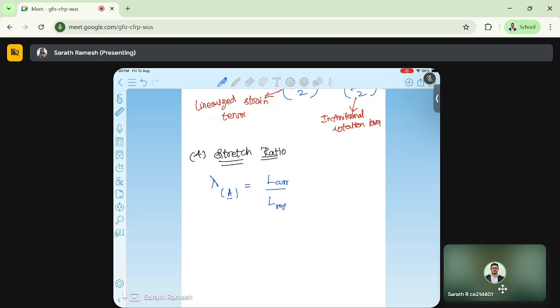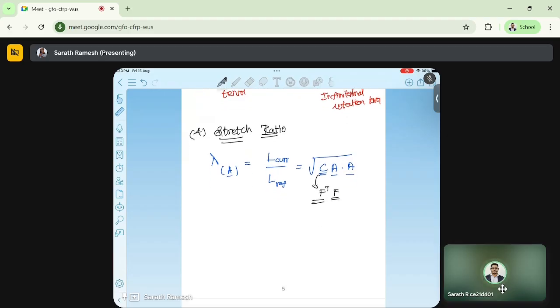If we do all the computations and derivations, we will finally end up with this formula. I am not deriving it, you can watch the lectures for the detailed derivation. So finally we will get it in terms of C, A dotted with A. What is C? C we have already seen, it's nothing but the right Cauchy green deformation tensor, which is F transpose F.